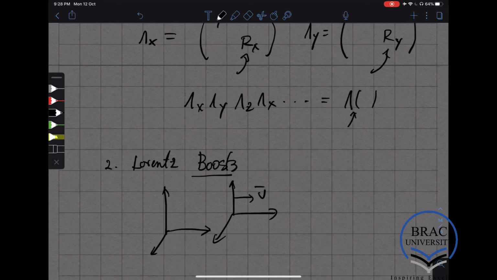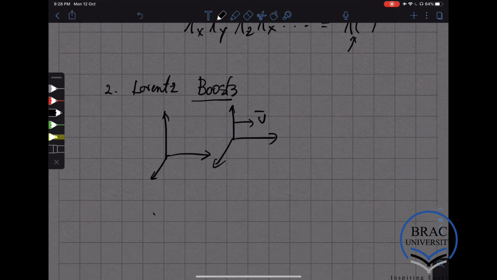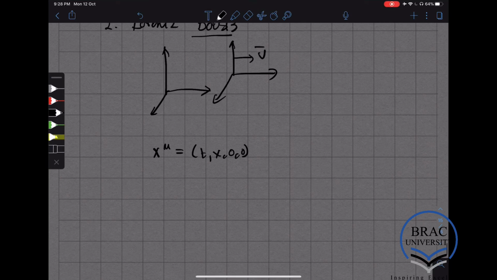To see how we can mathematically represent them, let's take some event whose coordinates are given by, say, t, x, 0, 0, and we make a boost in the x direction so that the y, z coordinates do not change.